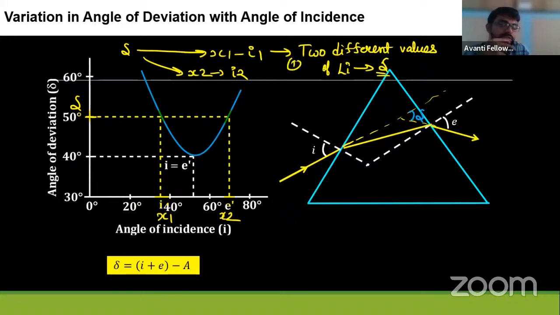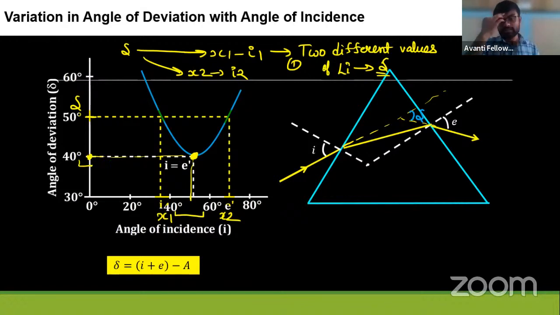The second point we can conclude is about this minima. This graph looks like a well. At this minima, you can see there is some angle of incidence between 40 to 60 degree, and corresponding to it on the y-axis there is a point which is 40 degree.